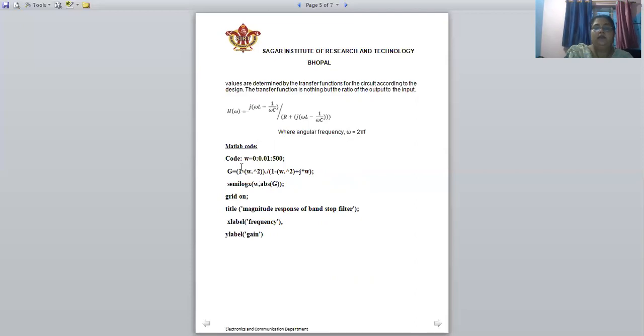Here, the gain will be plotted on the semilog paper. The y-axis will show the gain in log. So we have taken omega on the x-axis and the absolute value of G on the y-axis. We have put the grid on. We have given the title as magnitude response of band stop filter. We have labeled the frequency, and we have labeled the gain on the y-axis.